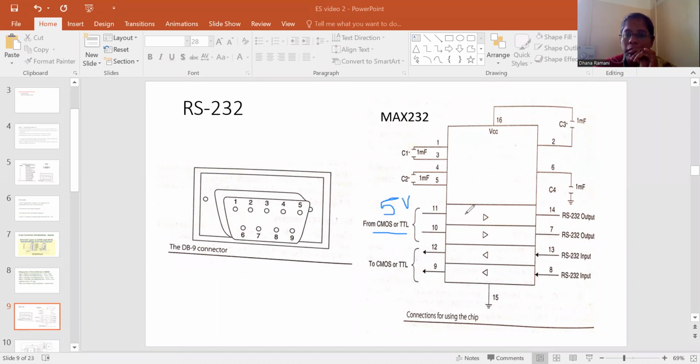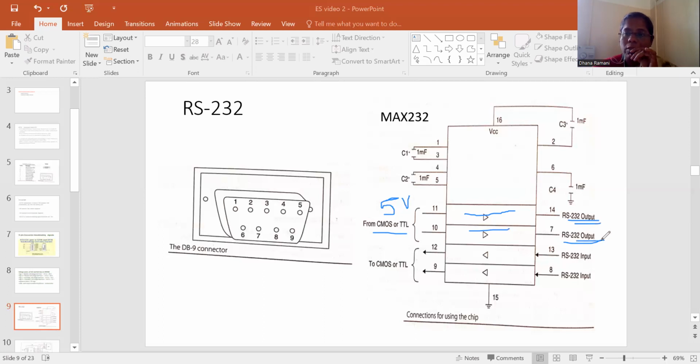These signals are converted at the RS232 output: all logic ones will be converted to -3 to -25 volt, and all logic zeros will be converted to +3 to +25 volt. After doing this conversion, the output signal is sent.